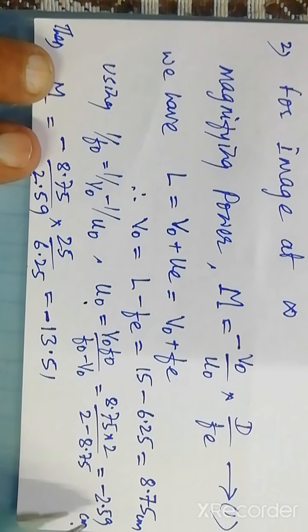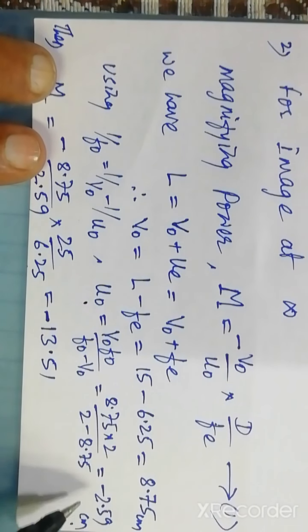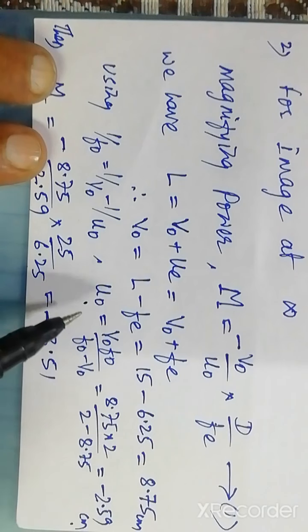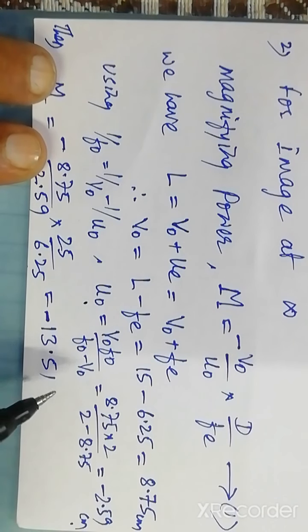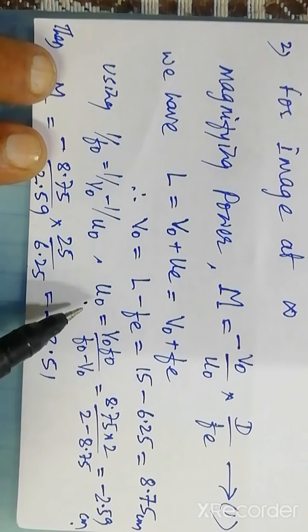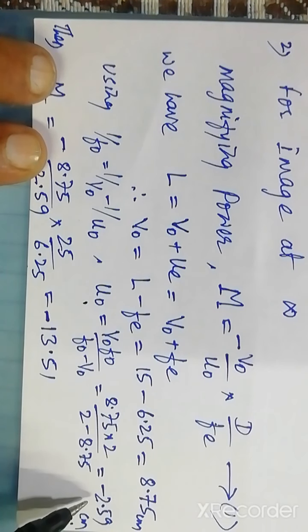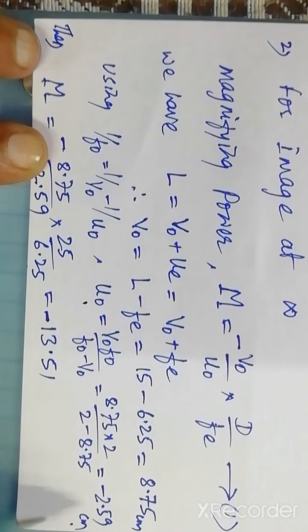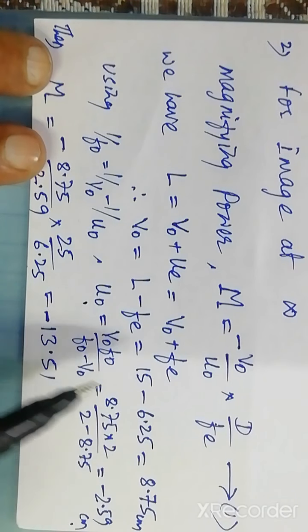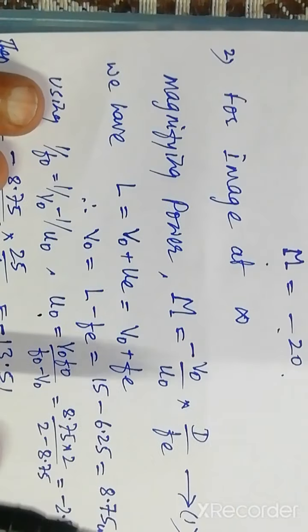Final image to be formed at least distance of distinct vision, UO we have calculated as 2.5 centimeter. For final image to be formed at infinity, the object distance for the objective comes out to be minus 2.59 centimeter. Thereby we calculate the magnifying power.